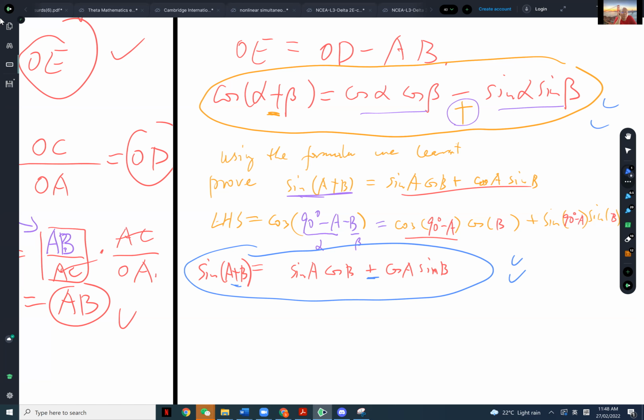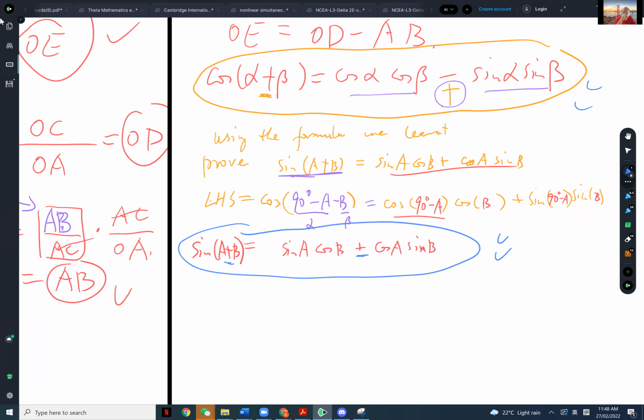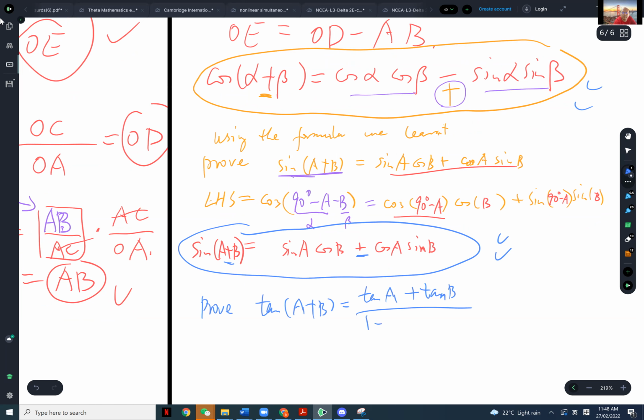Today we just focus on compound angle formula, like a plus b, a minus b. Now prove tan(a plus b).